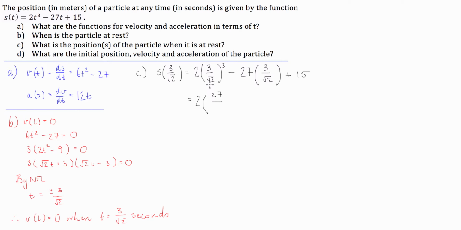So square root 2 squared is 2, cubed is 2 times the square root of 2. So 2 square root 2, minus 27 times 3 is 81, over square root 2, plus 15.